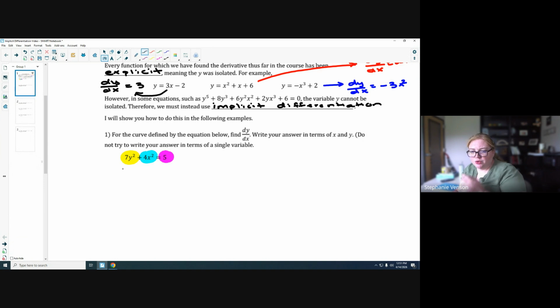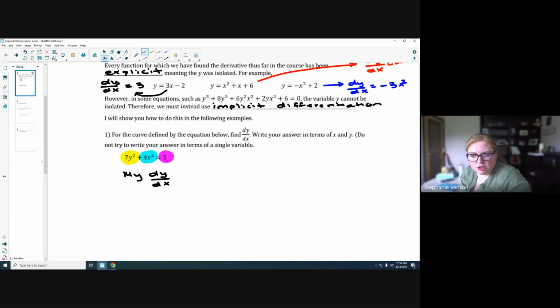Now, if we have a y to deal with, like 7y squared, we're still going to take the derivative, but we're going to write dy/dx next to it. So for example, the derivative of 7y squared would be 14y, but we're going to write dy/dx next to that.